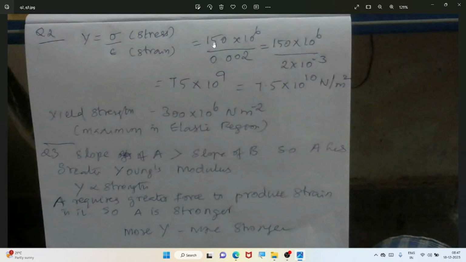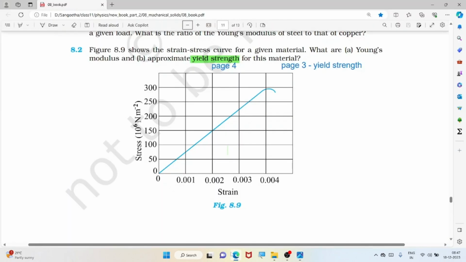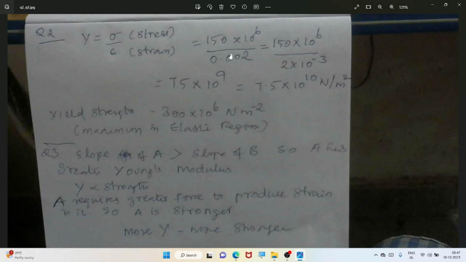If you take stress at 150, then strain is 0.002. So this is the Young's modulus. The yield strength is 300.